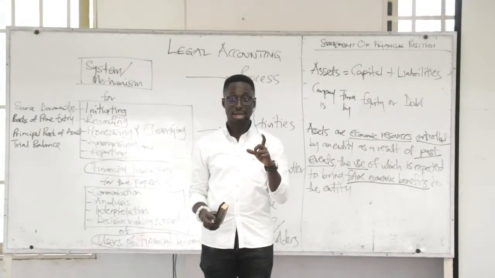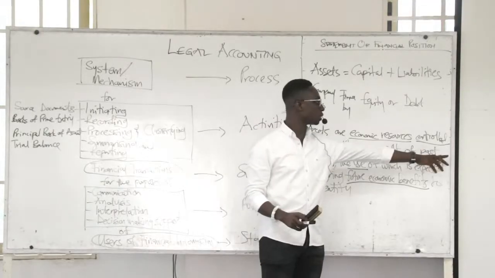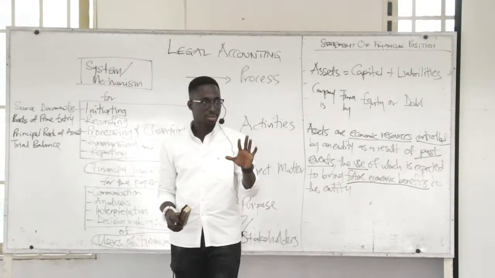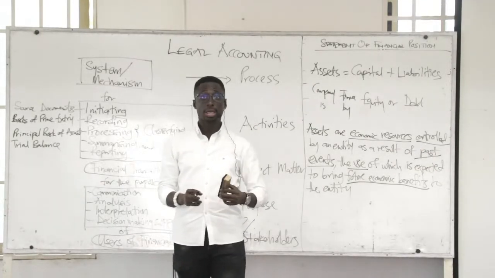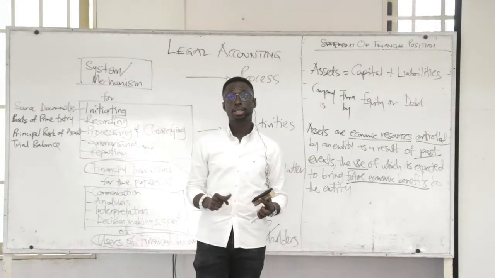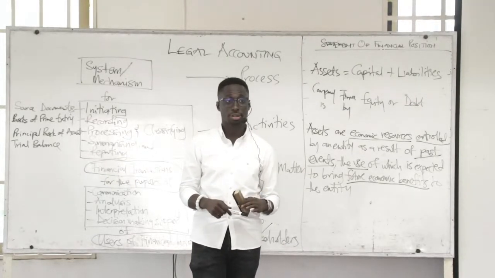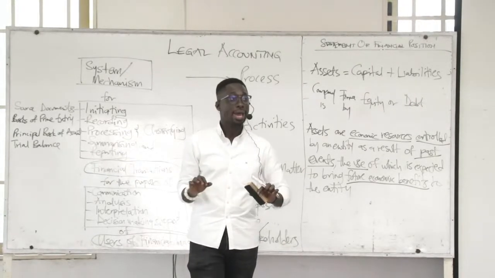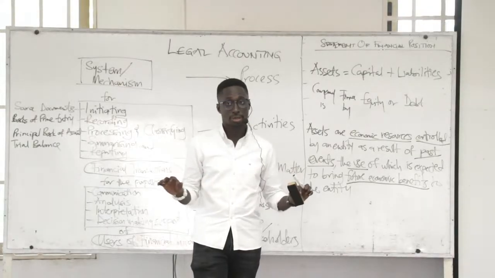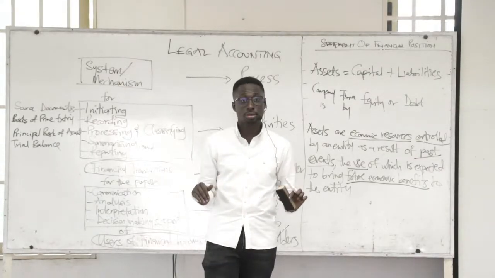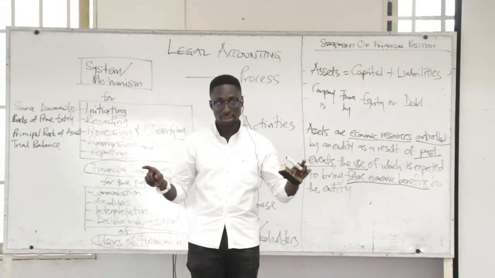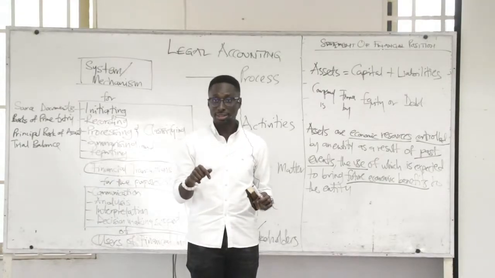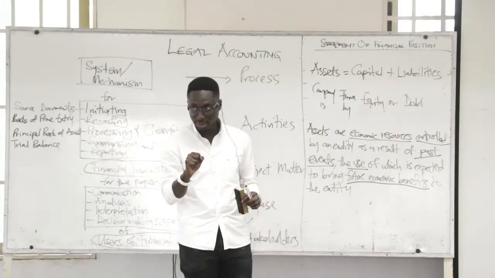So an asset must of necessity be controlled by the entity. Ownership. Imagine currently with our land administration, a foreigner, in the case of a leasehold, with residual 50 years, has the use of the land for that period.